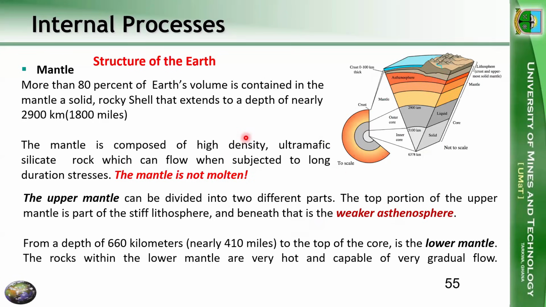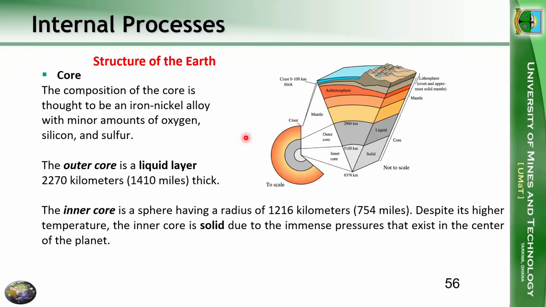All right. Then we can talk about the core, which we said is predominantly made up of iron and nickel with some trace amounts of oxygen, silicon, and sulfur. The outer core, like we said, is liquid, whilst the inner core is solid. And despite its high temperature, the inner core is very solid, all right?